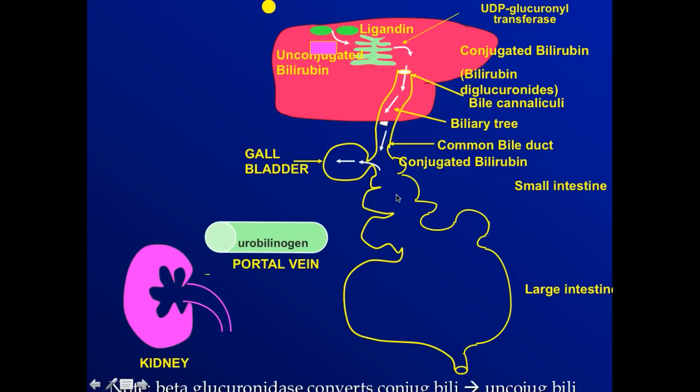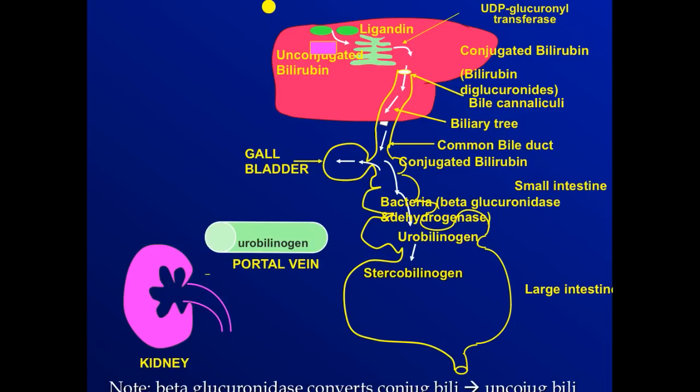Here, the conjugated bilirubin, with the action of bacterial beta-glucuronidase, will be converted to urobilinogen. This is a pigment, colored almost yellowish brown. Now, this urobilinogen will be converted to stercobilinogen first, then to stercobilin.